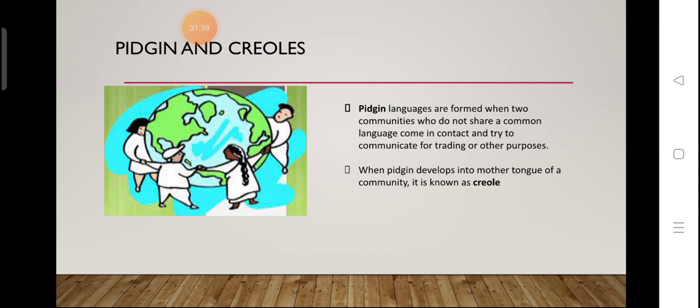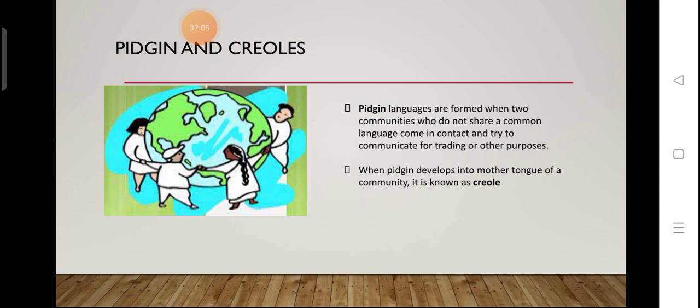See how two people belonging to two different speech communities created a common language out of their native tongues. That is Pidgin. Okay, and Pidgin is not the mother tongue of any individual. Pidgin is something that is created, right?